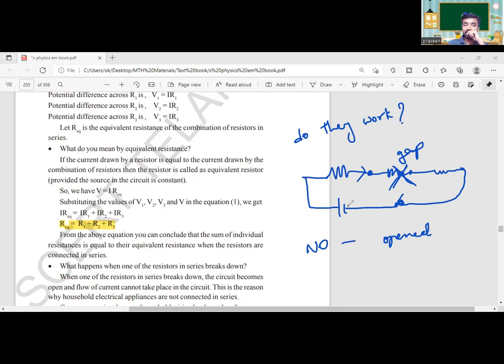So if one of the resistors breaks down, the remaining ones also fail to work. You just need to replace the one where you observed the failure, fill it with a resistor, and then it will work.